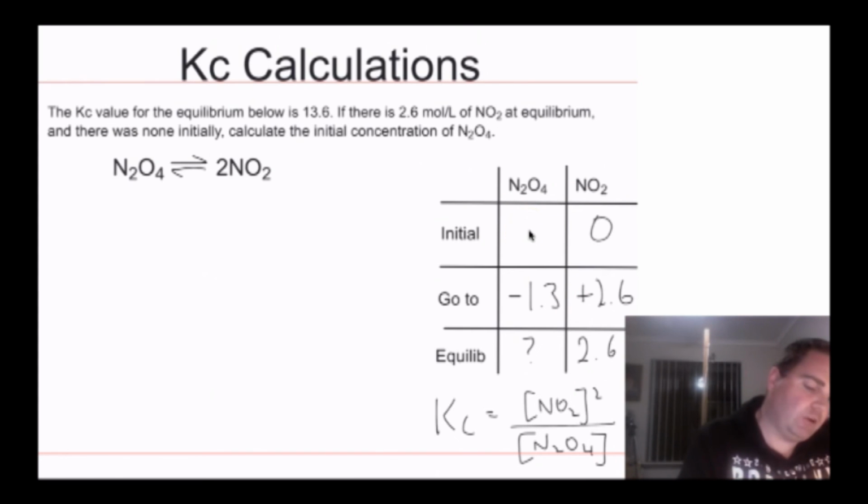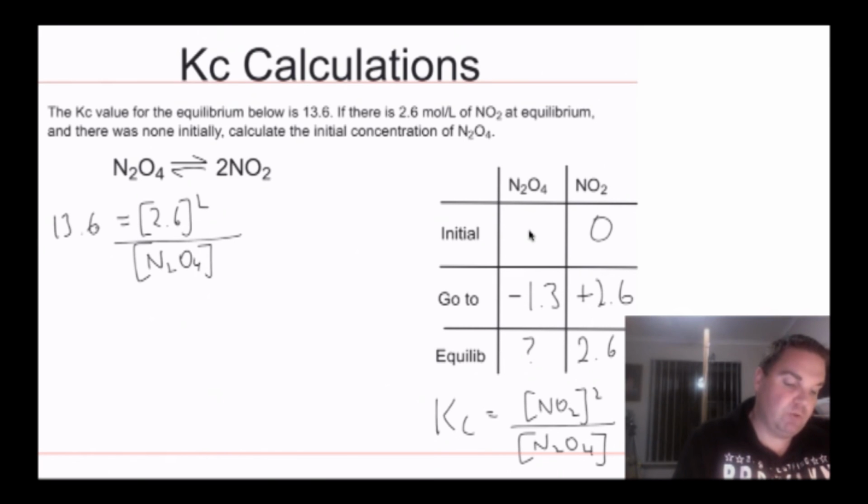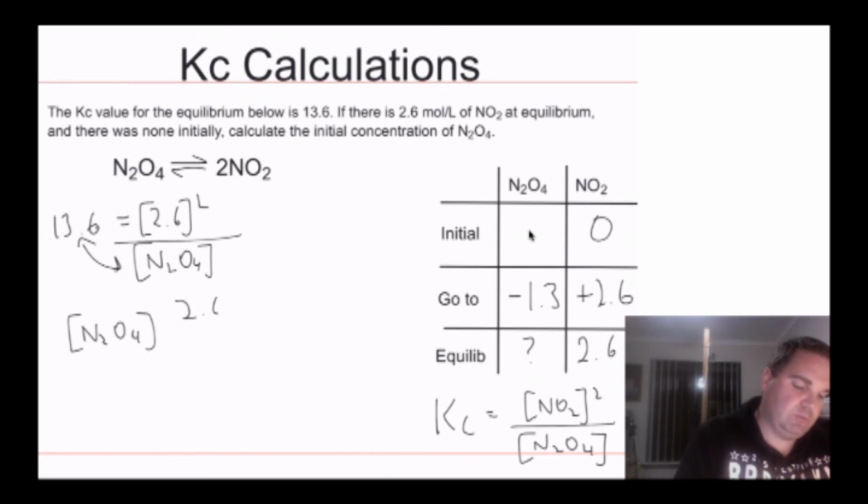So if we put our value of 13.6 into our Kc expression, we've got concentration of NO2, which is 2.6 squared, over concentration of N2O4. Okay, so if you rearrange your equation, you get concentration of N2O4, because this one's on the bottom, you just swap these two, is 2.6 squared over 13.6.